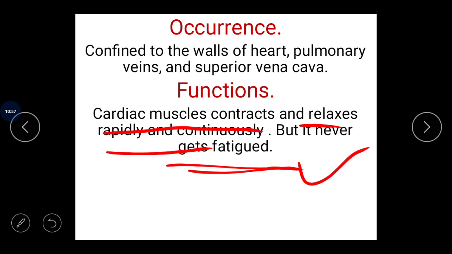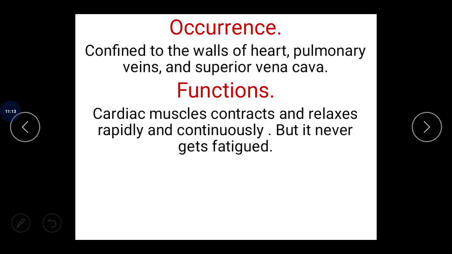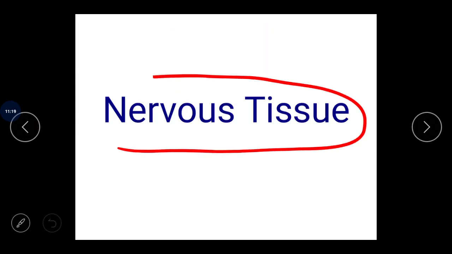They work continuously throughout the life of a human being; they don't stop working. So this is the feature of the cardiac muscles. Now, next, we'll study another type of tissue that we call nervous tissue.